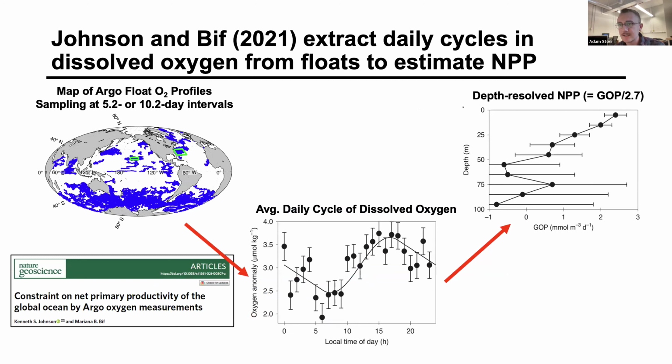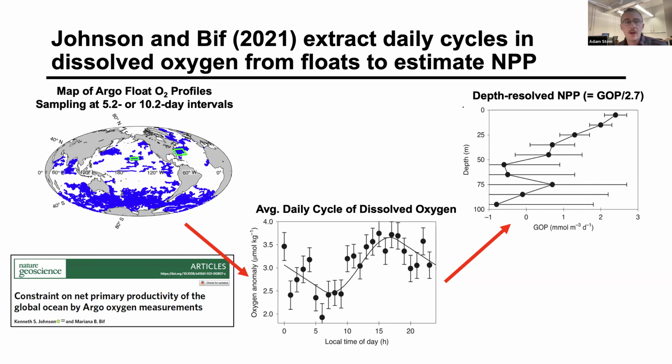I'll talk in the next slide about how they did that exactly. Basically, they get an average daily cycle of dissolved oxygen, and from the rate of change in oxygen throughout the day, you can infer how much gross oxygen production is going on, and then using an empirical ratio of gross oxygen production to net primary production, you can infer net primary productivity.